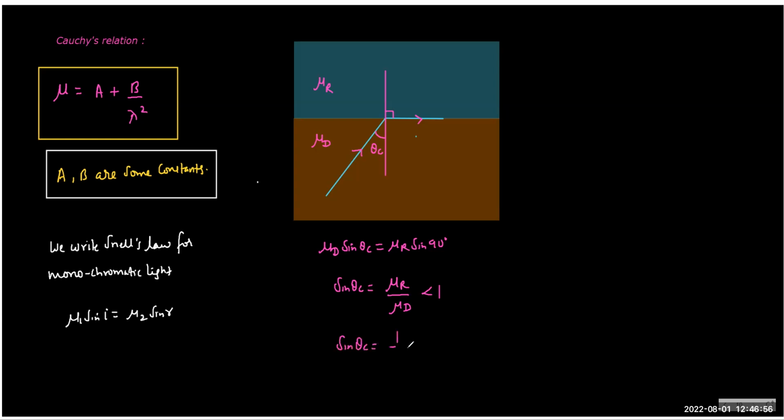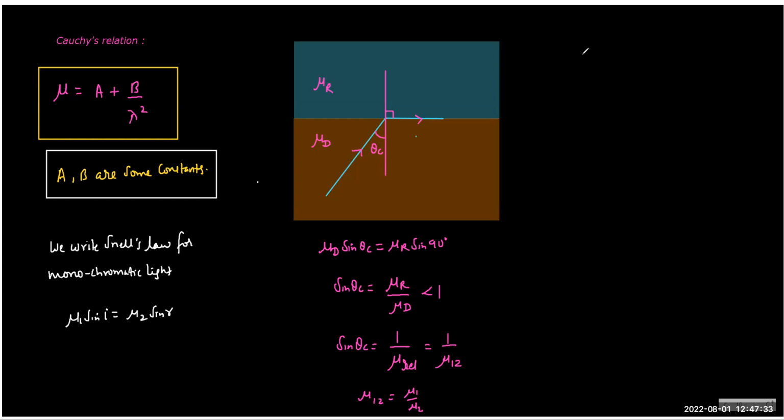Sin of critical we write as 1 upon mu relative, which is basically mu 1 with respect to 2. What is 1? 1 is the source of light, where the light begins, and 2 is where it gets refracted. That's how we write. And the definition of mu 1 to 2 is mu2 by mu1. Is this clear, guys?